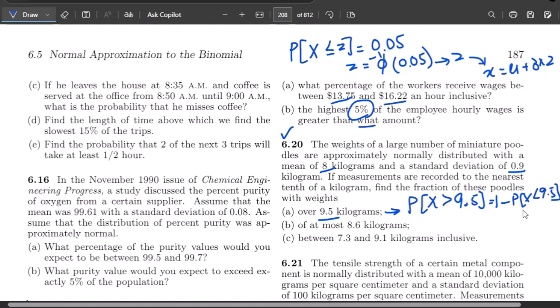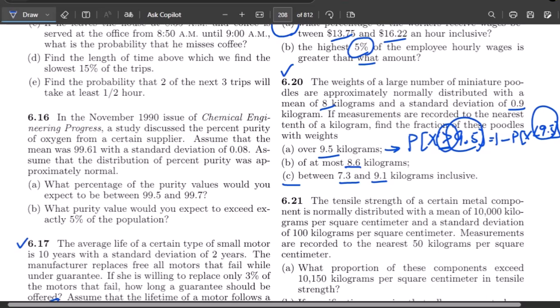Why less than? Because we have to convert to z, and the z distribution table cannot be used directly for values greater than some specific value. Part B is at most 8.6 kilograms. Again we convert it to z and find it, and between this and this is the same question as in part A and as in question 6.18 part B.